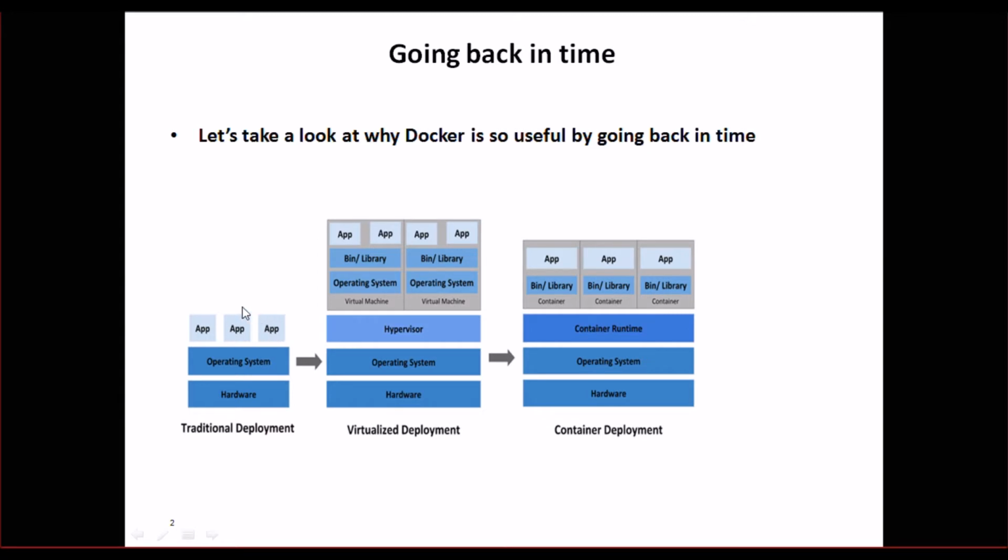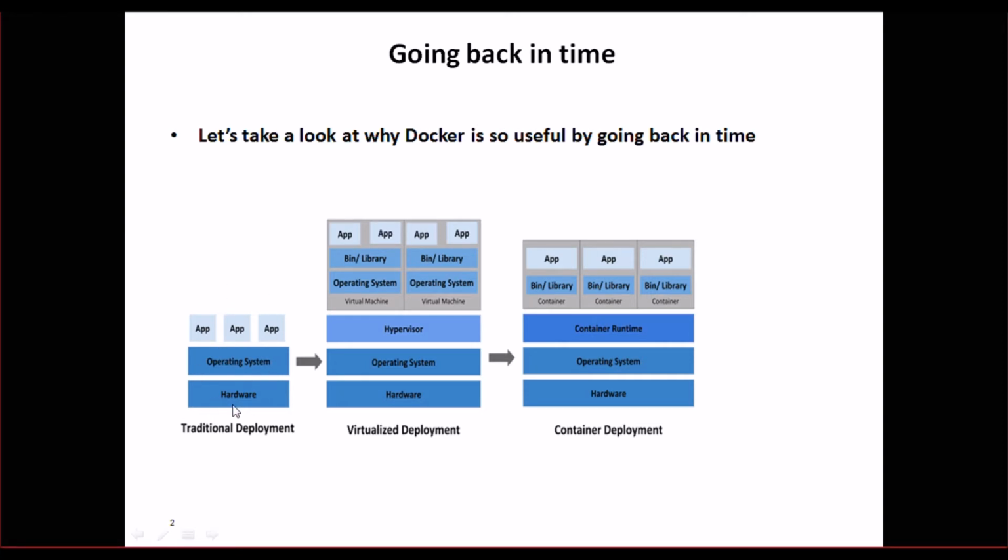But if I install one app in one system, and one app in another system, that's again utilizing more of my hardware. So this was a pain for us. This was a big concern for us. If you use one application per system, my hardware is not being utilized properly.